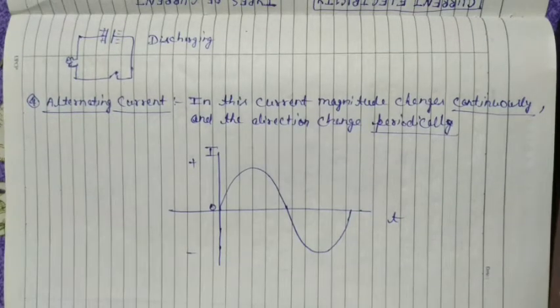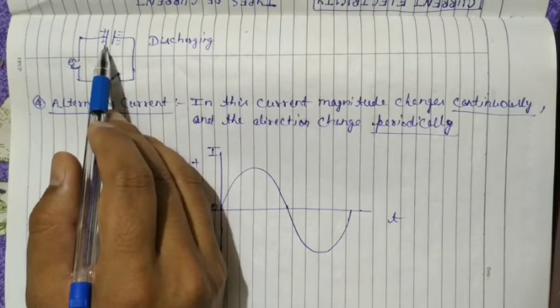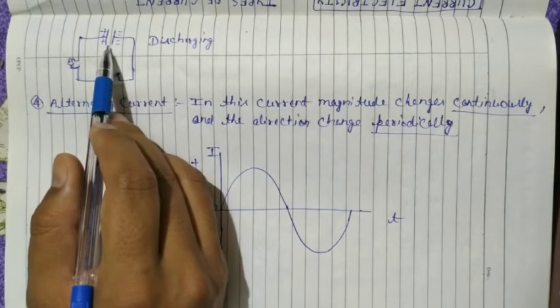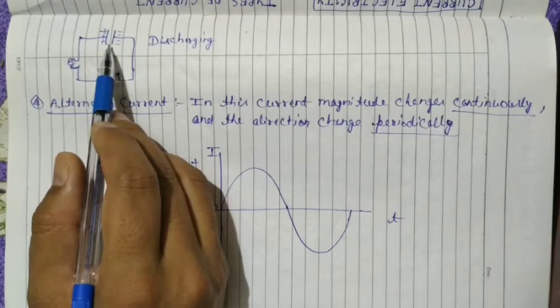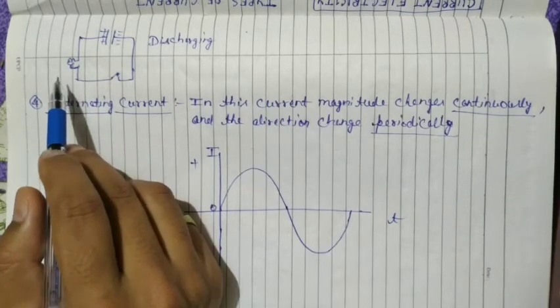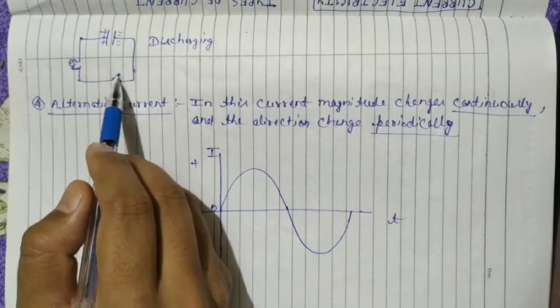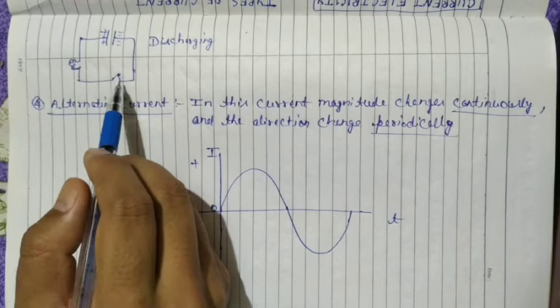Again, we have this capacitor, which is full of charge. We connect it with the flash of our camera and close this circuit. This is the switch.